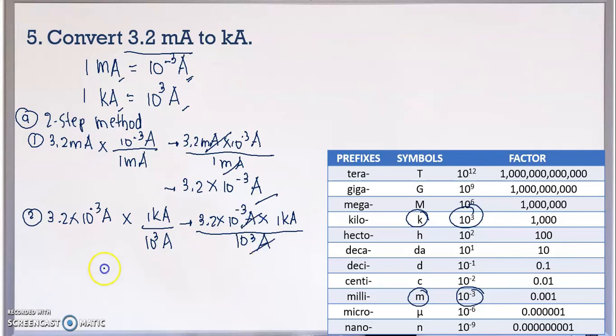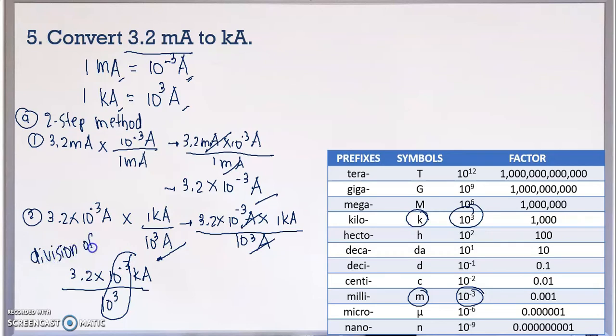Cancel out the unit ampere. And the value would be 3.2 times 10 raised to negative 3 kiloampere over 10 raised to 3. Since we are given two exponents here, and the operation between them is division, we have to follow the rules of the division of powers or division of exponents.